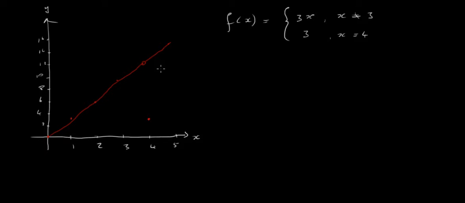Okay, so that's it. Let's have a look at doing a proof here. We're going to look at proving that the limit of our function f of x as x approaches 3 is going to be 9.